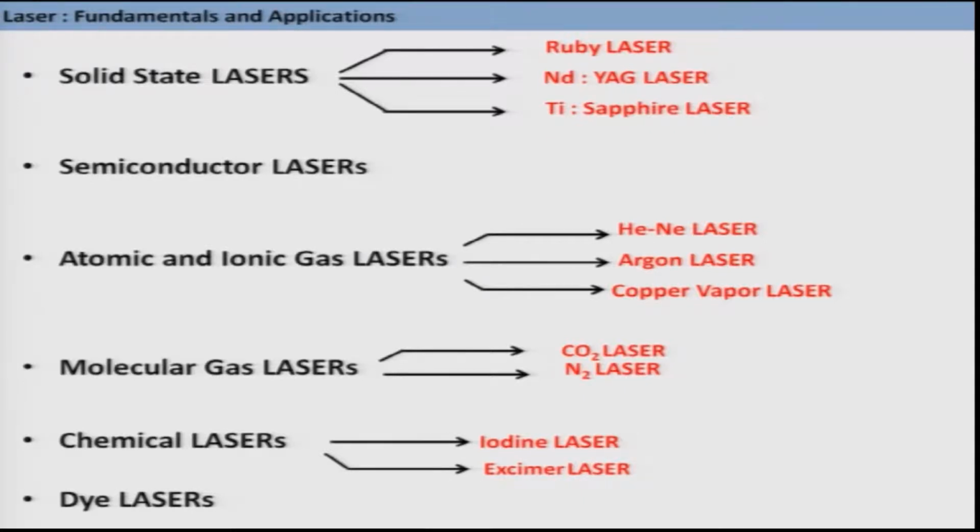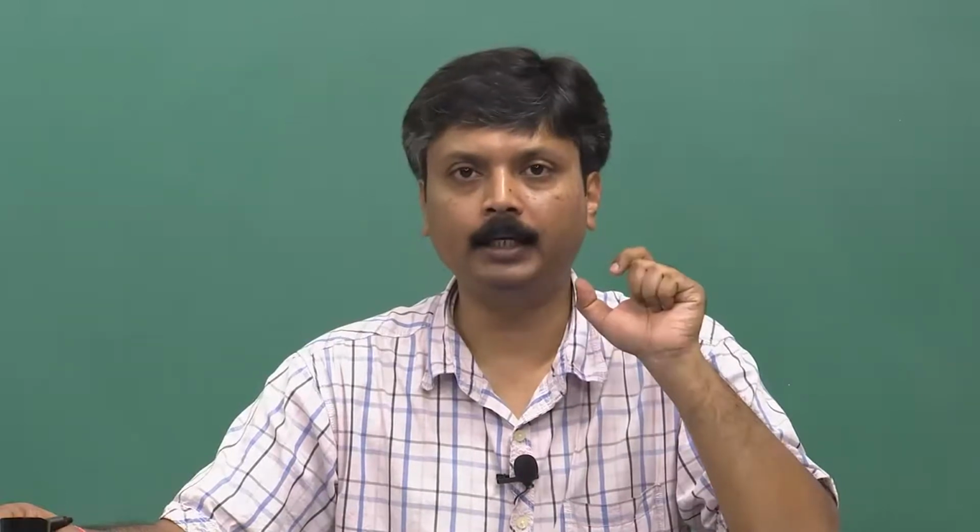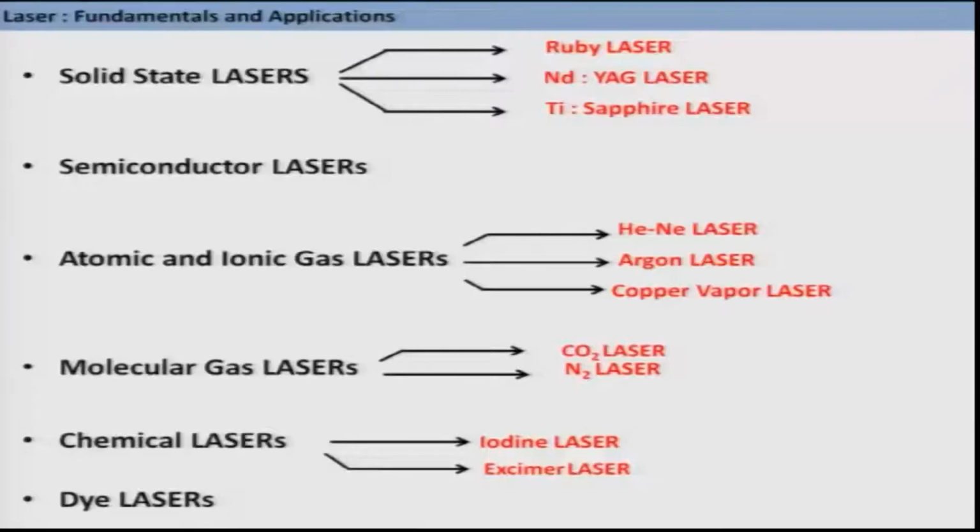We can form lasers utilizing a chemical reaction. So a chemical reaction mixture can act as the active medium, and we can get the corresponding chemical lasers. And there are certain lasers which operate in the so-called liquid state.